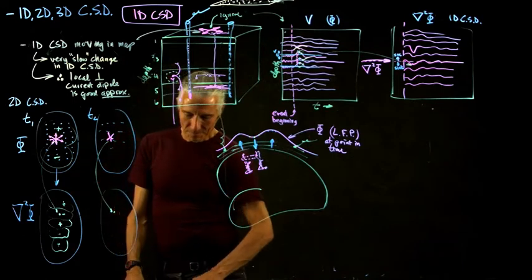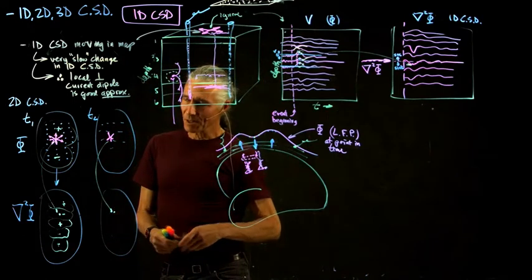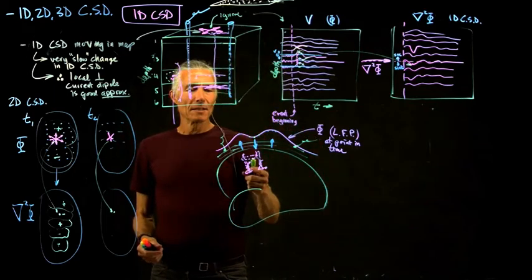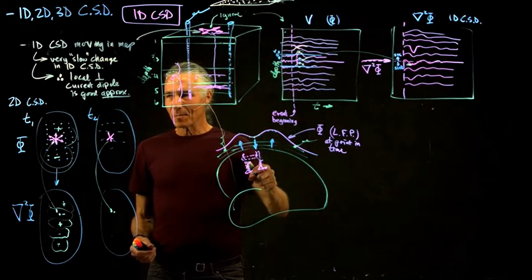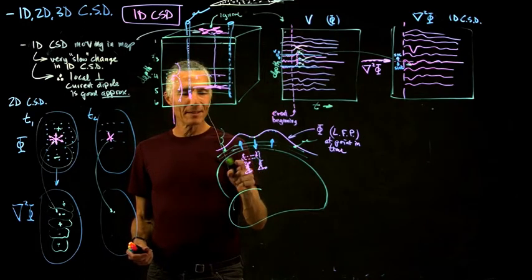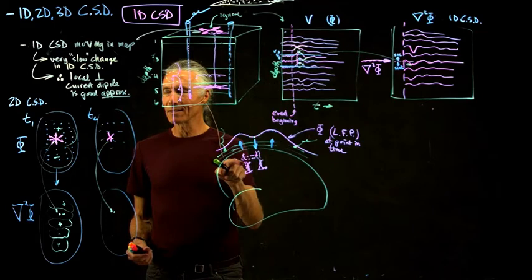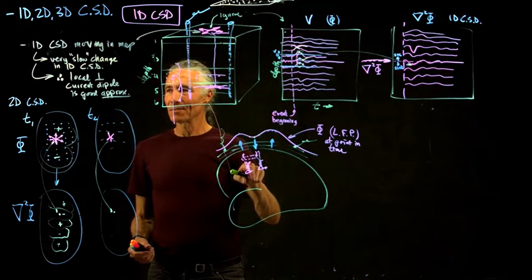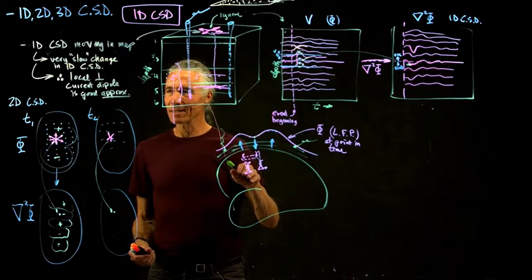So there's still a lot of ambiguities, because we know that if you excite the basal dendrites and positive current flows up, that looks the same as inhibiting the apical dendrites with a negative current flowing down. So you can't tell inhibition from excitation.